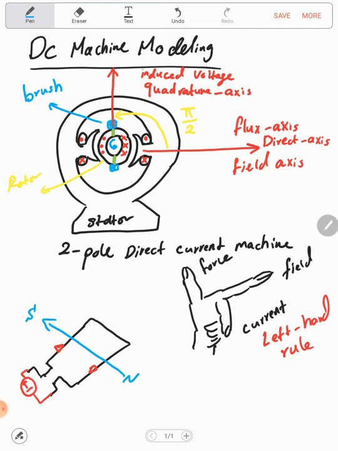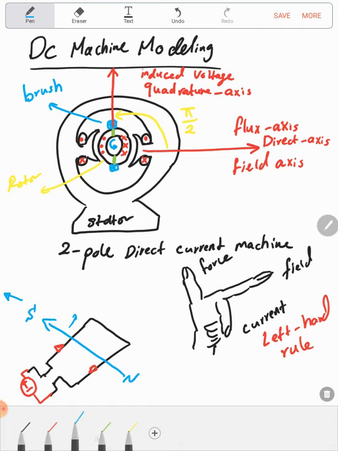Now, according to the rule, where the pointing finger is pointing toward the flux, and the middle finger is pointing toward the current, the thumb will be pointing toward the force, and in this case this will be the direction of the force, and by the same principle this will be the direction of the force.